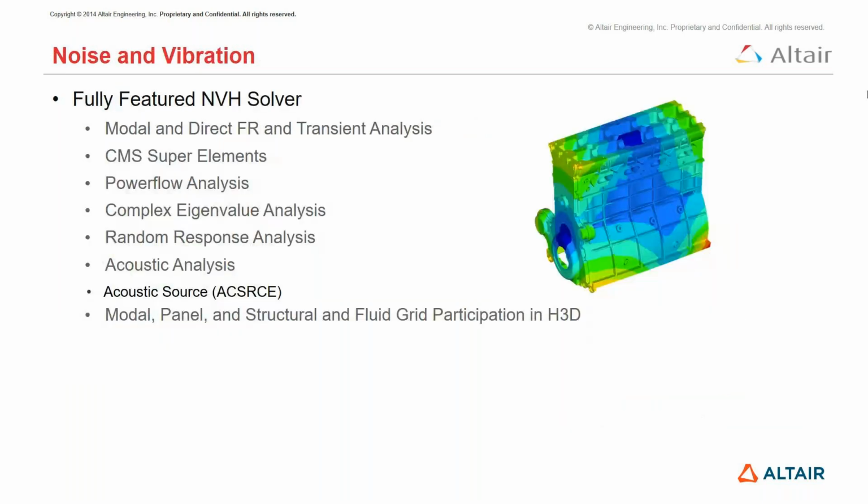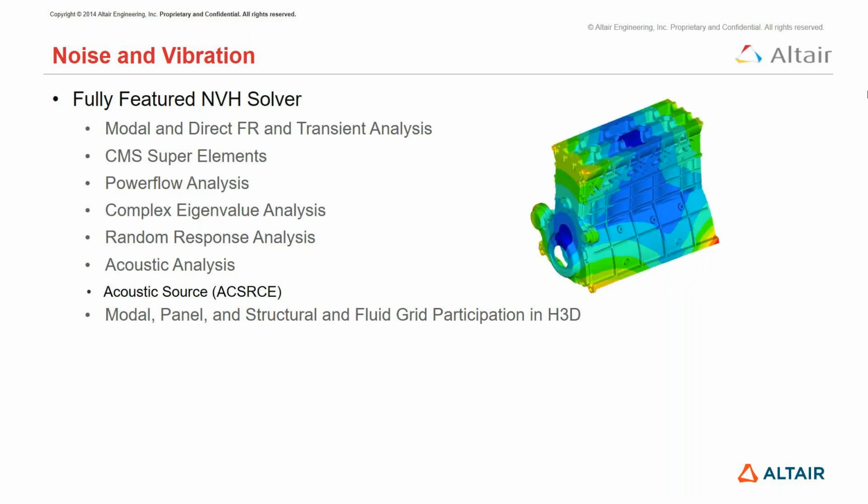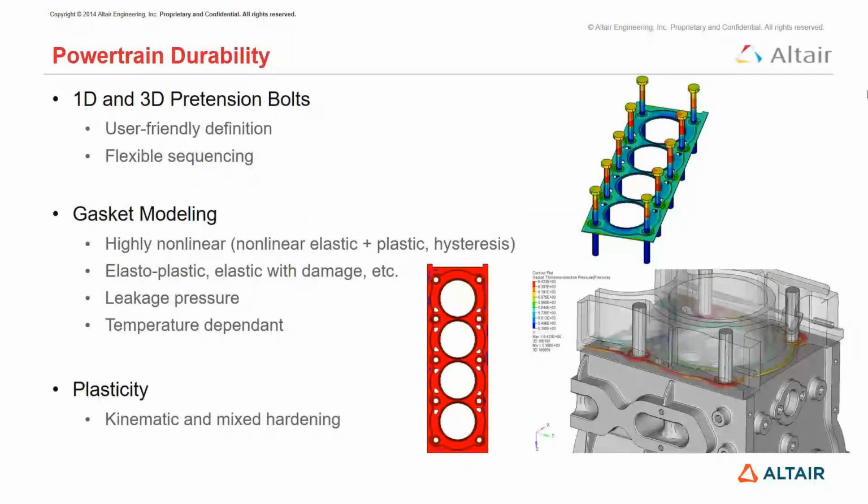So coming to NVH, you can perform different types of NVH simulation like modal, direct and buckling, as well as CMS method, random response analysis, acoustic analysis, modal, panel, structural, grid participation using H3D. And powertrain durability, you can create 1D and 3D bolt pretension, gasket modeling, and plasticity.